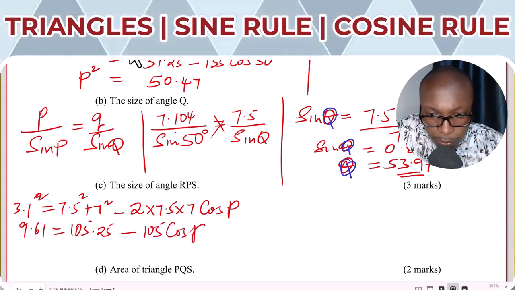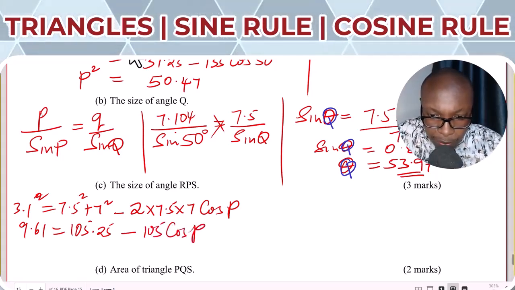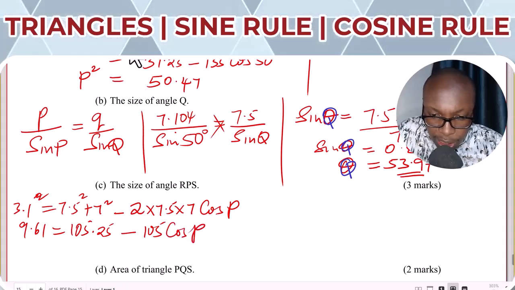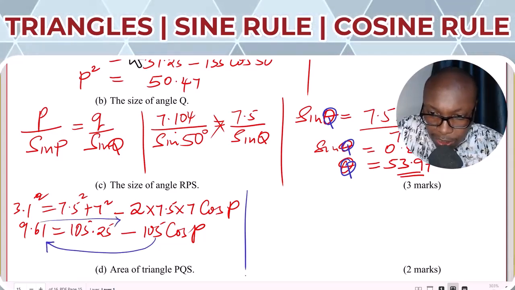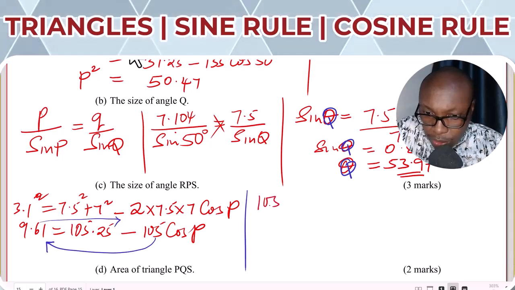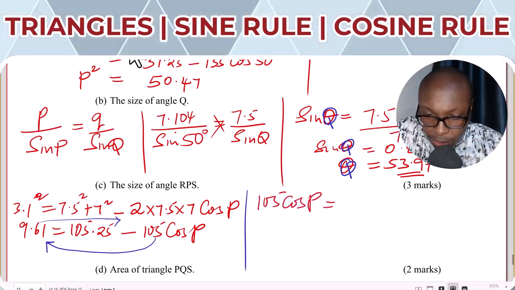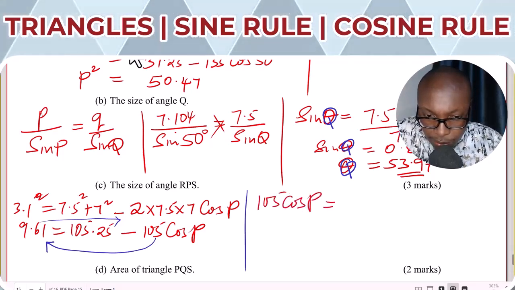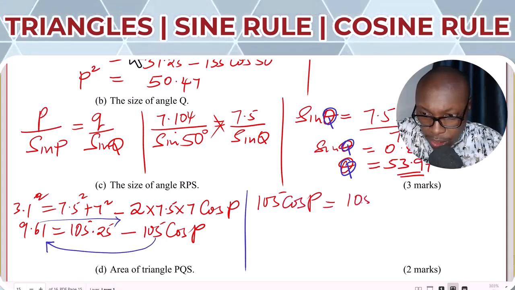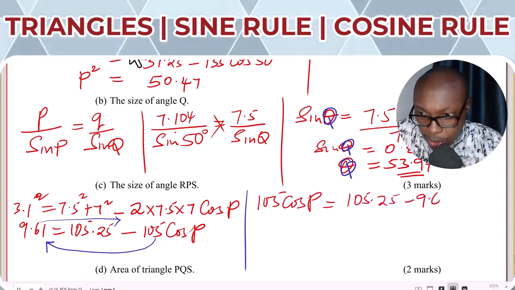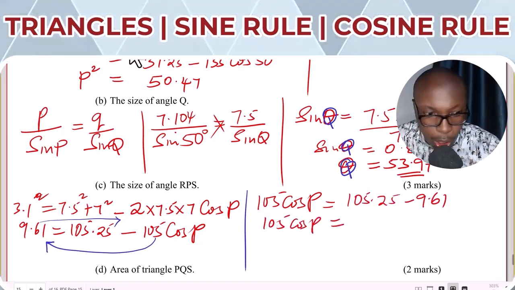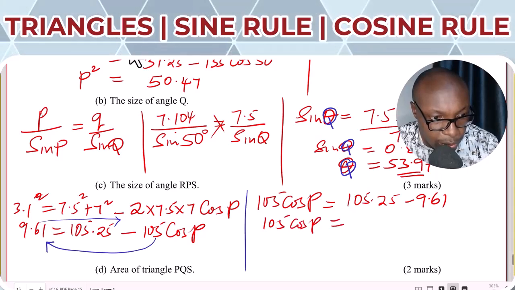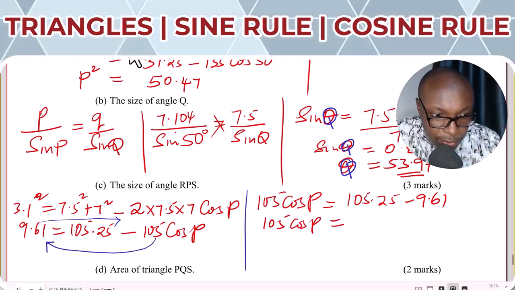Then cosine of P. So from here you can make P the subject. I can take this one to the left hand side, and then take 9.61 to the other side. So 105 cosine of P is given by 105.25 minus 9.61. When you get that difference, that will give 95.64.